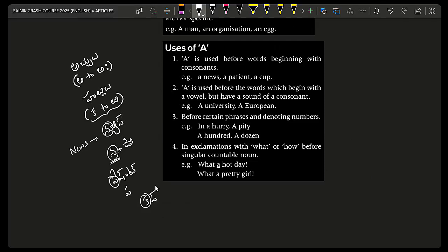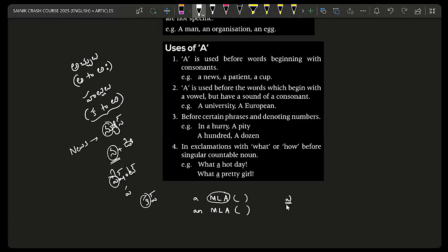For example, let me say MLA. Before this, should I use a MLA or an MLA? Which is correct? Let us check this. I want to say MLA. In Telugu, try to recall in your mind how you will write MLA.